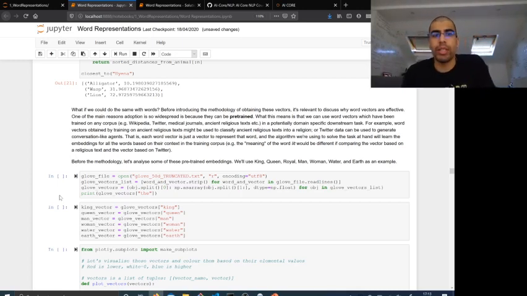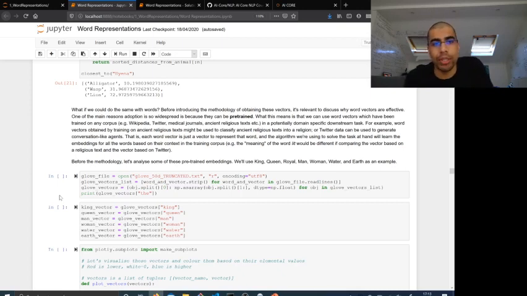And we can use these vectors in a potentially domain-specific downstream task. Word vectors which we've obtained by training on ancient religious texts might be used to classify different ancient religious texts, or even the same texts, into a religion.